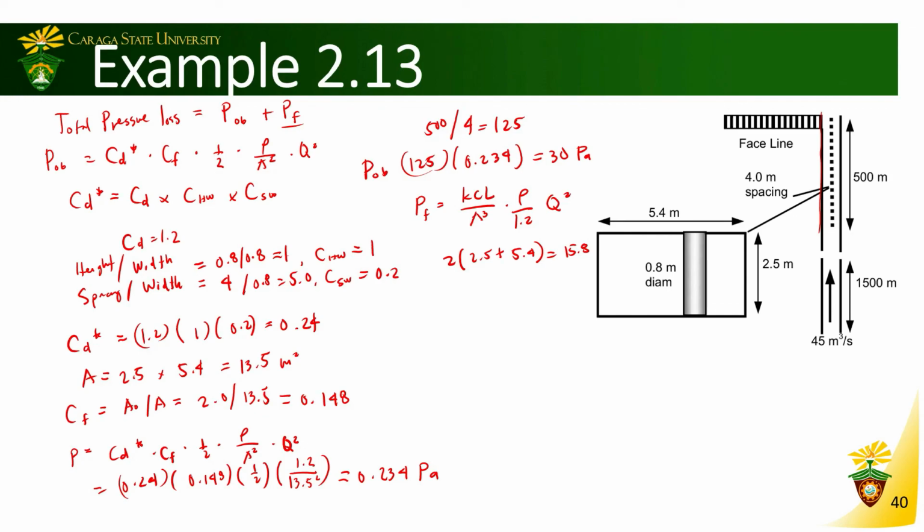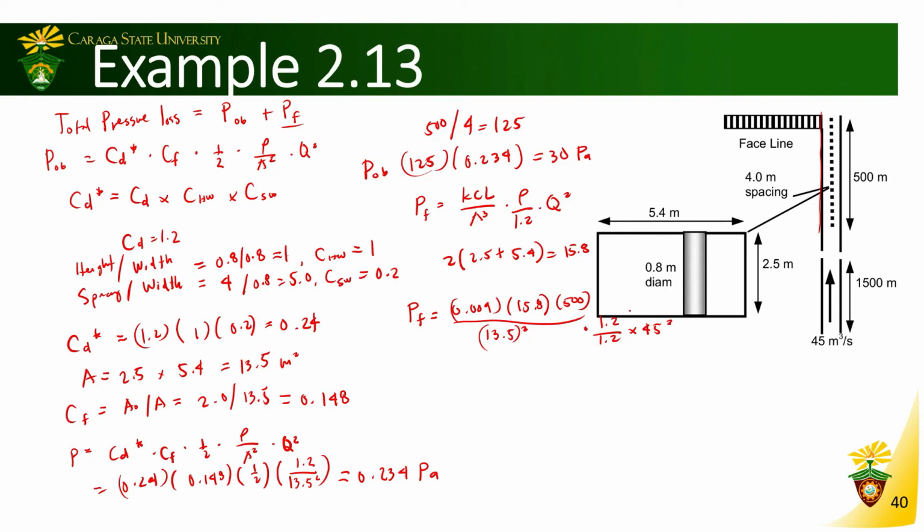So we can now express P sub F as K is 0.009, C is 15.8, L is 500, over 13.5 cubed, times 1.2 over 1.2, times 45 squared.